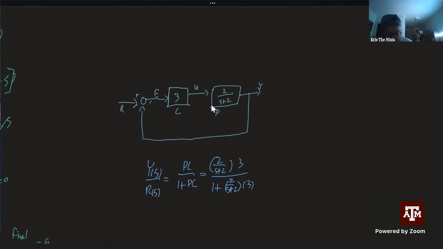Then we pull the R of S to the other side. What is R of S?